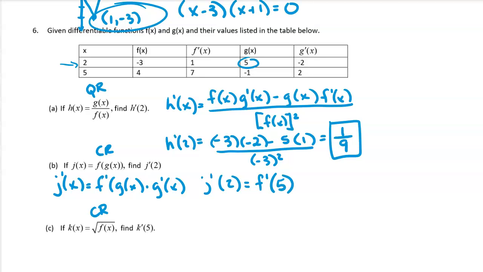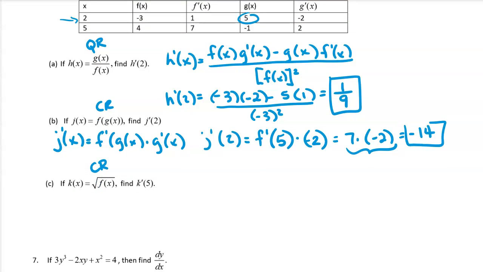So I'm going to put that in there, and then times g prime of 5, which is 2. F prime of 5 is 7. It's negative 2. 7 times negative 2 equals negative 14. And some of you left it like that, and you got full credit.